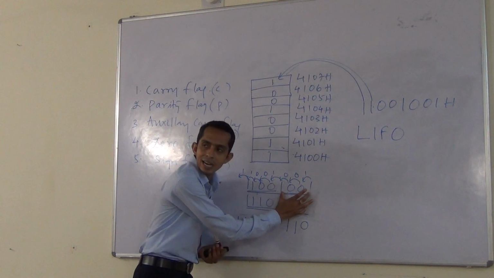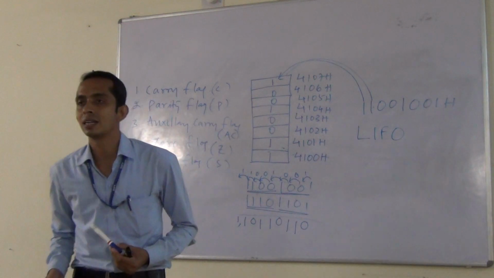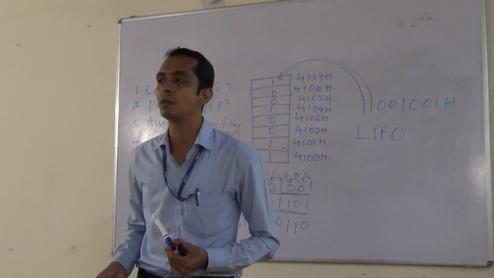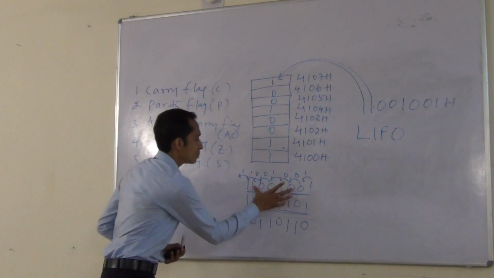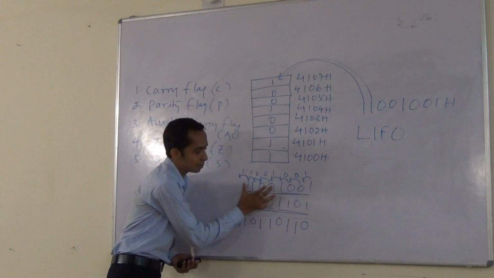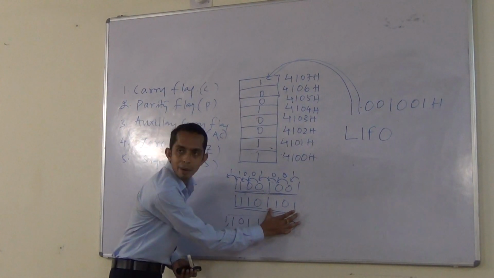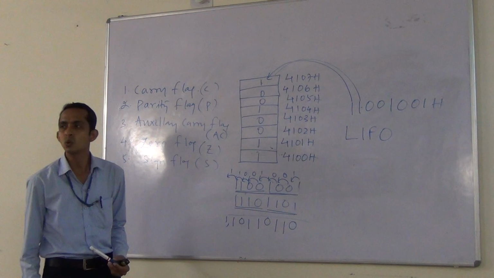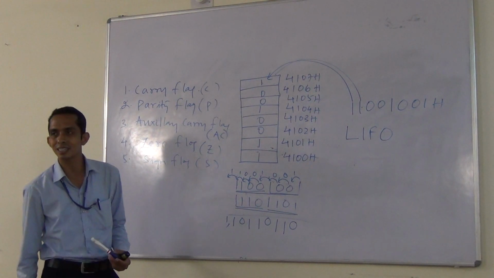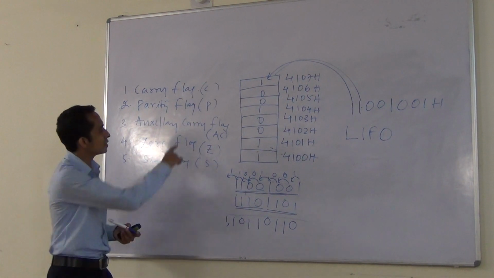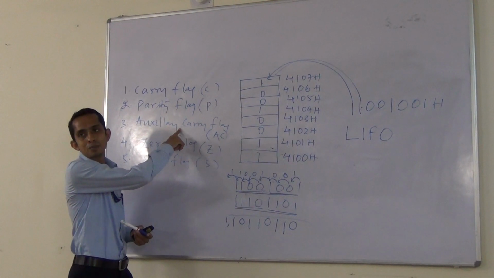Each 4 bits of data can be treated as a nibble. In computer language, we say it's a nibble, N-I-B-B-L-E. So for this byte of data, this is the lower nibble and upper nibble. For this 8 bits or 1 byte of data, this is the lower nibble and upper nibble. Why am I discussing all these things with you? Because I have to show you the concept of the auxiliary carry flag.